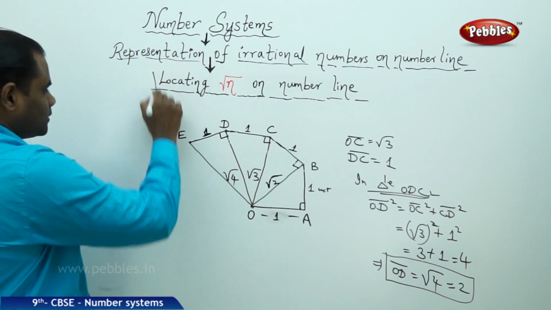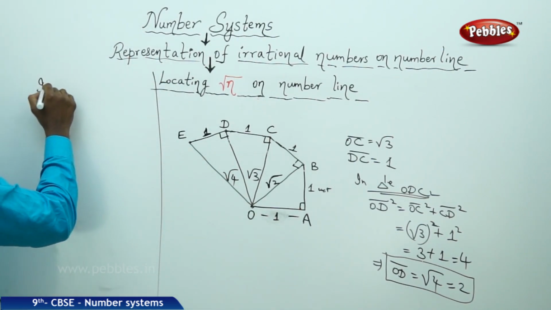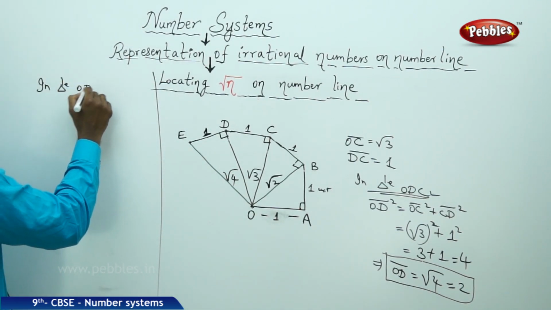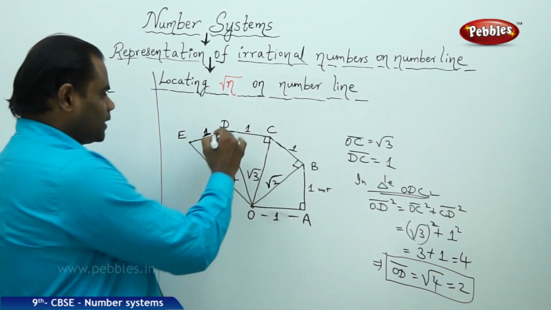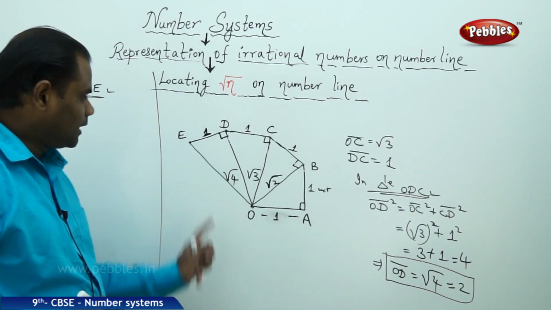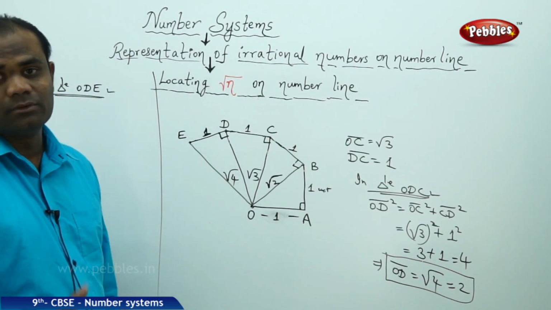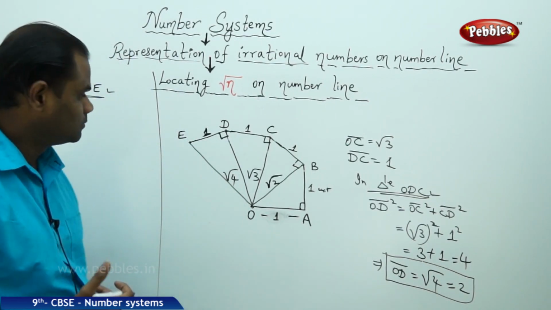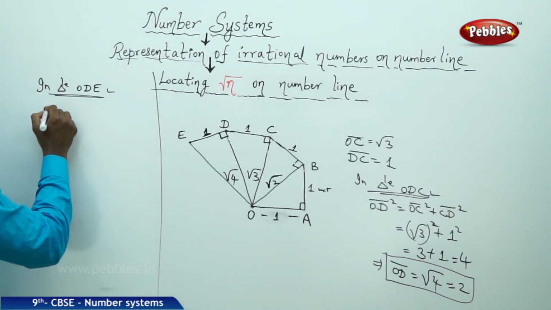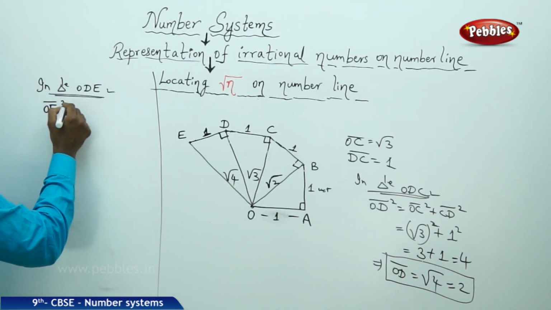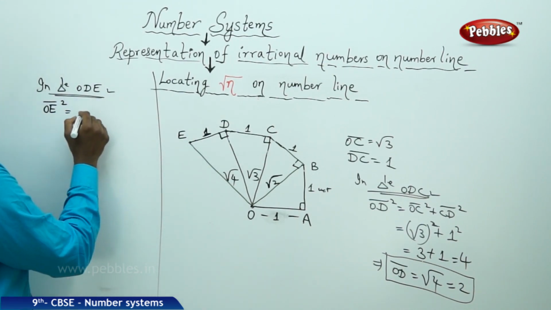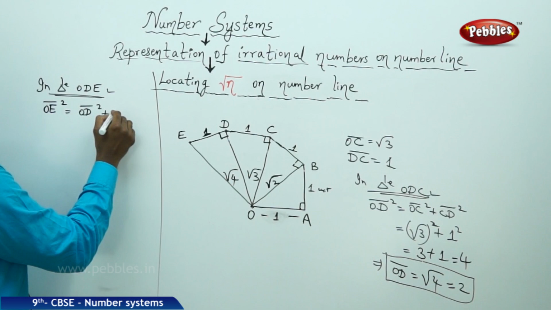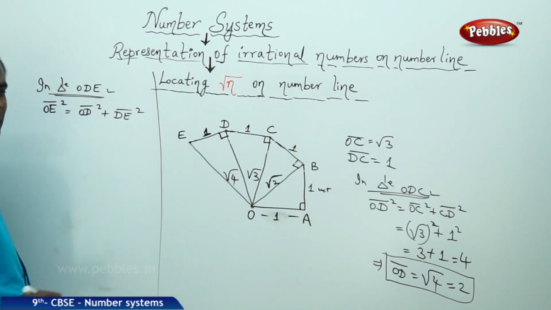Let me again take triangle ODE. In triangle ODE, which is a right angle triangle, right angled at D, I have again the Pythagoras theorem which plays a vital role. So using the Pythagoras theorem, the hypotenuse OE square will be equal to the sum of squares of the other two sides, which is OD square plus DE square.